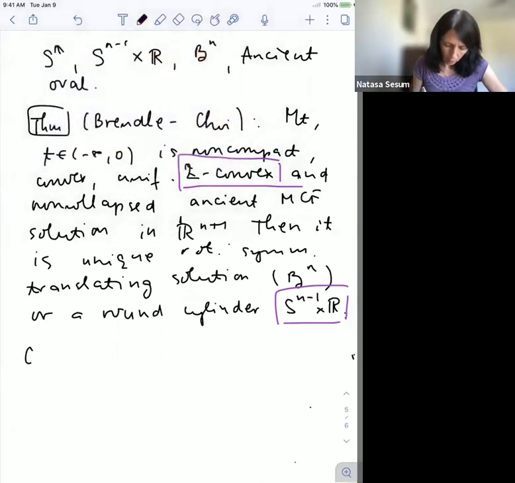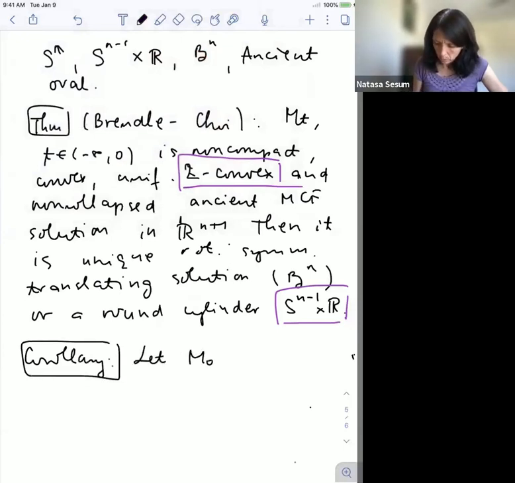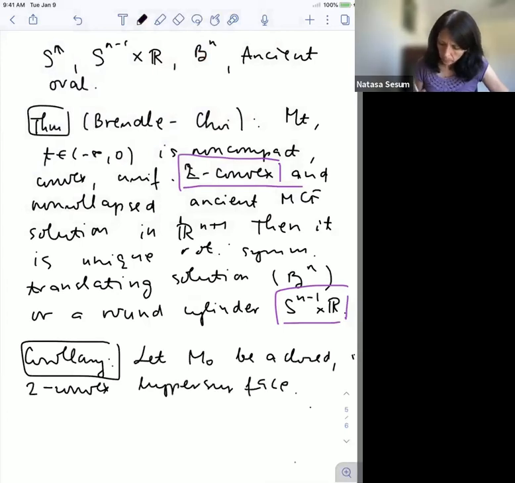And then as a corollary, they prove the following: let M naught be a closed two-convex hypersurface evolving by the mean curvature flow.